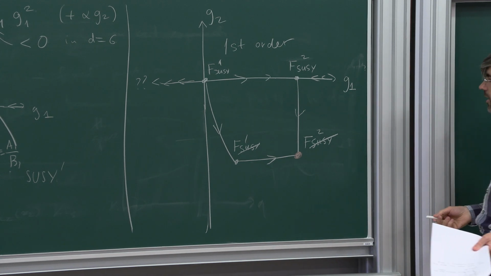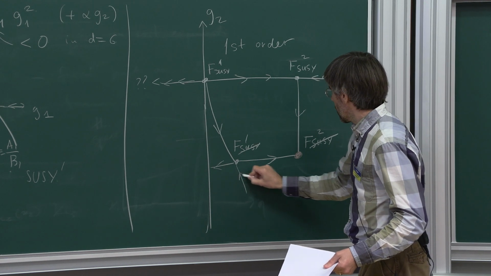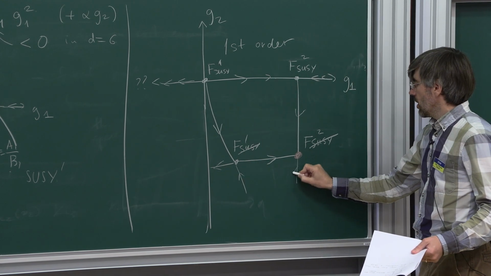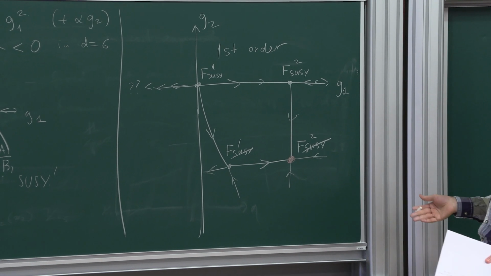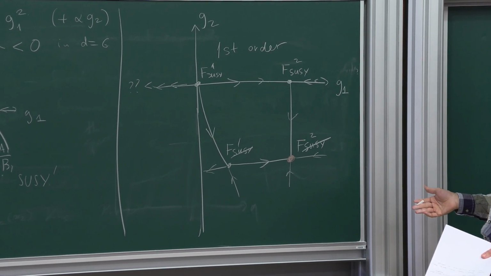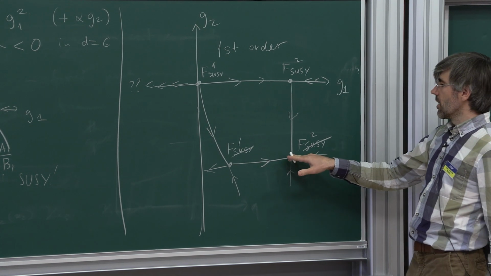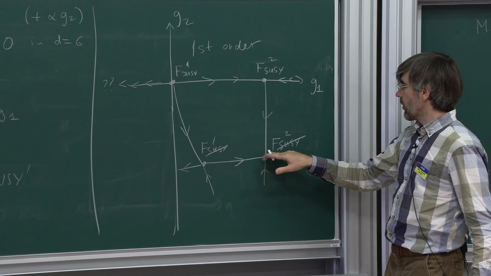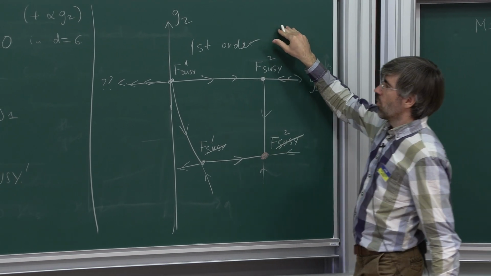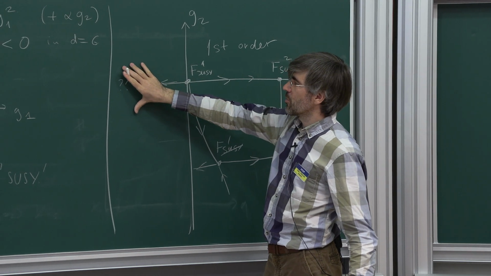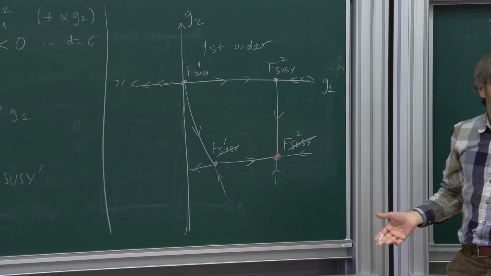So the claim would be that if you just do a numerical simulation with a randomly chosen distribution P of H, you either see this F SUSY, or you see a first order phase transition, or you see some other stuff which is in this part of the diagram, which may house some other fixed points, but I'd have nothing to say about them.